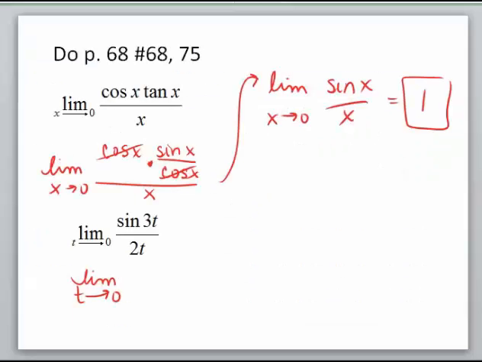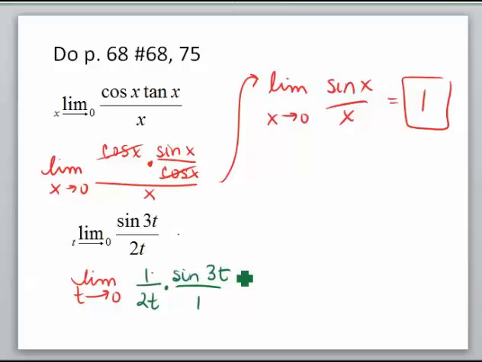So on this problem right here, if I could just make this say sine of 3t over 3t, I would be done. But it doesn't just say that. So I've got to figure out how I can make it say that. So right now I'm going to get rid of that part, and I'm going to separate these two into two different fractions.